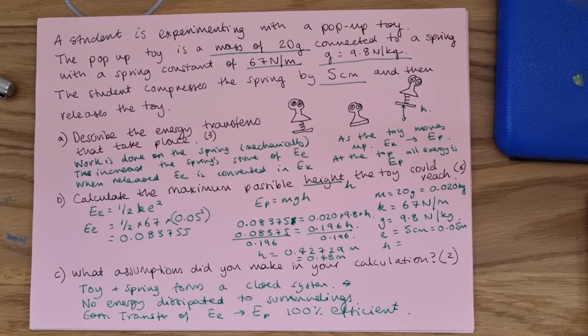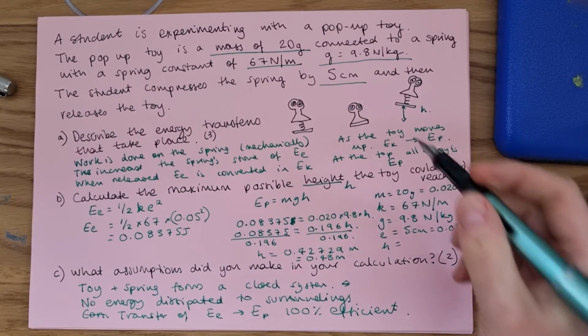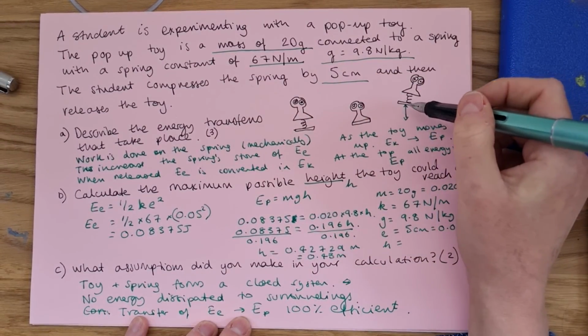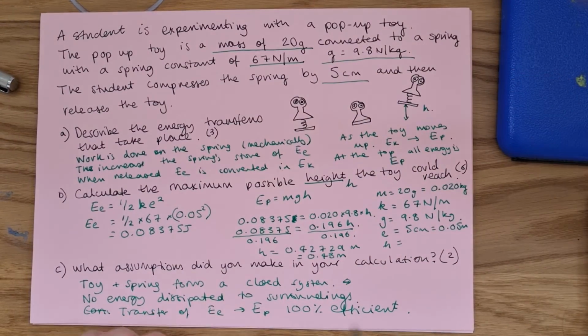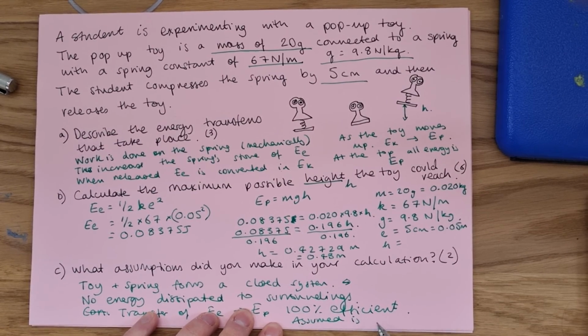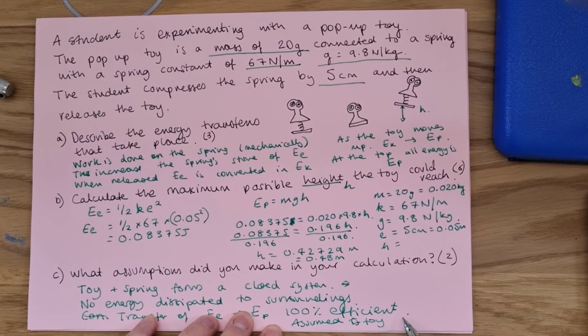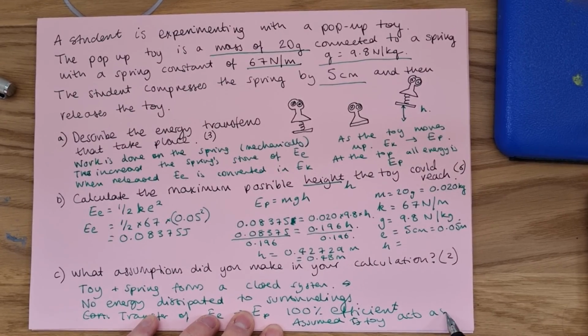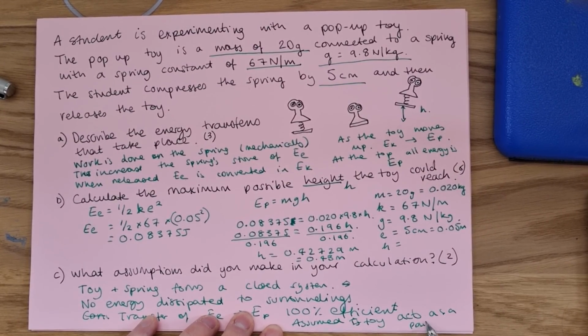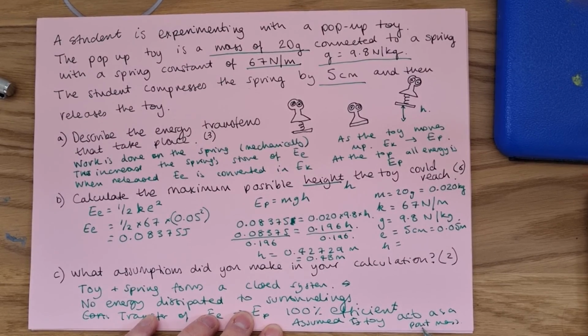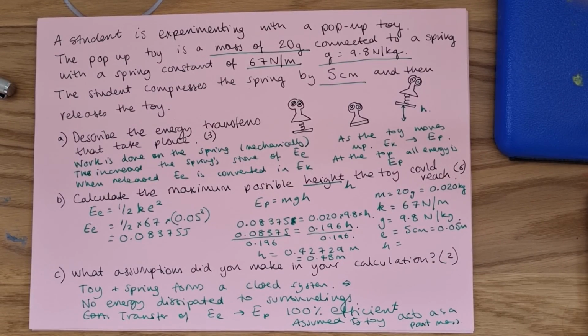And the other thing is I've kind of assumed that it's a point mass. So like, where is the mass off the ground? What's the bottom of it? I've not really worried about that. I've assumed the toy acts as a point mass. Very well, that might actually end up making the calculation irrelevant.